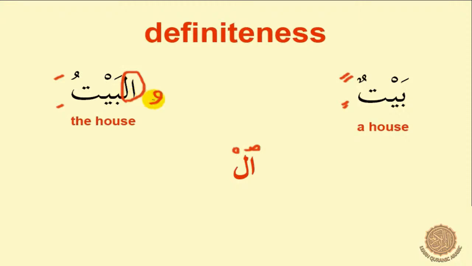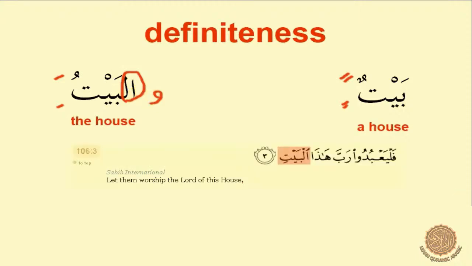Now, for example, in the Quran, we have this in Surah Al-Quraysh, and it says فَلْيَعْبُدُوا رَبَّ هَذَا, and here is al-bayt. Now there's a kasra there, and there's the al, so it's definite. And here al-bayt refers to Baytullah, the house of Allah, the Kaaba.